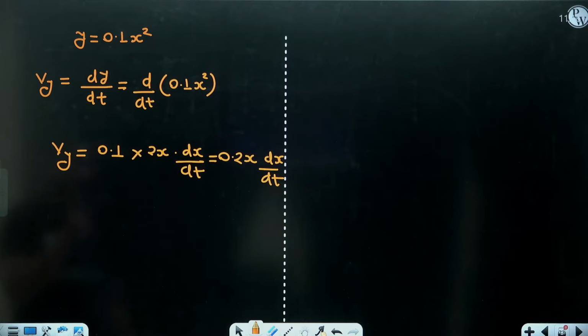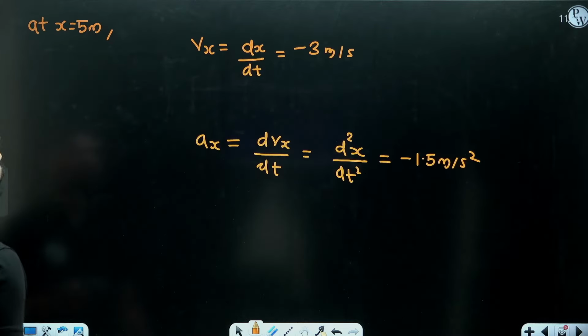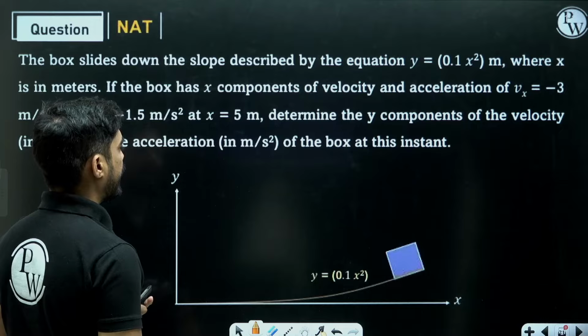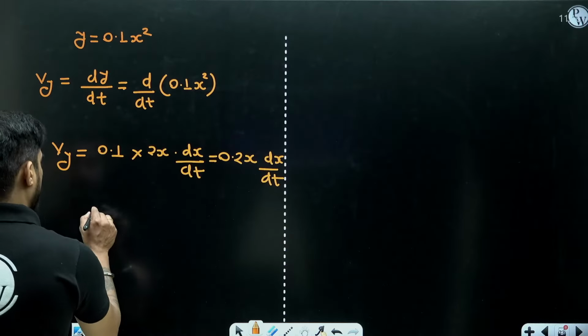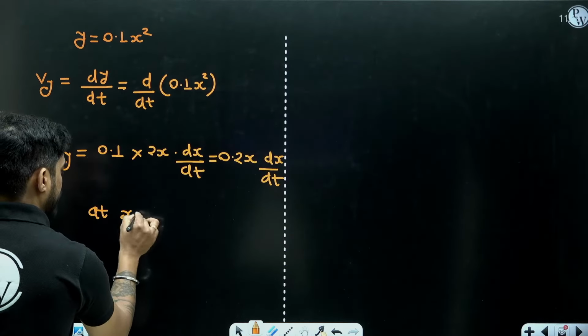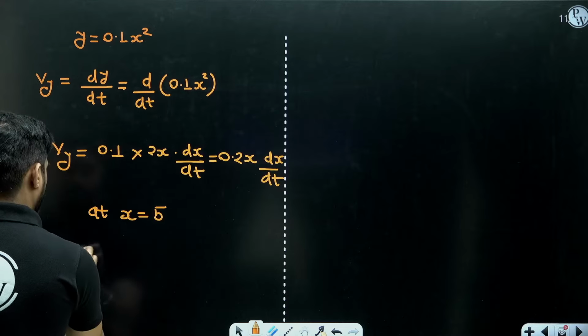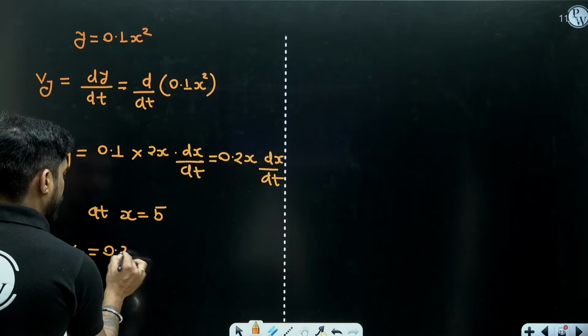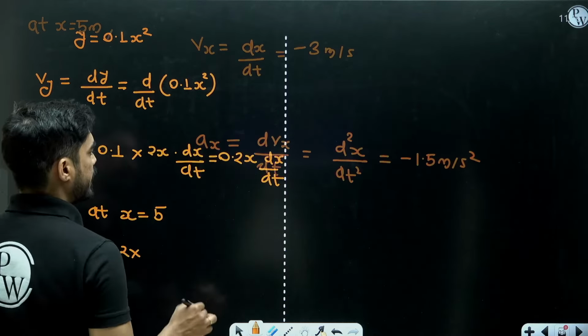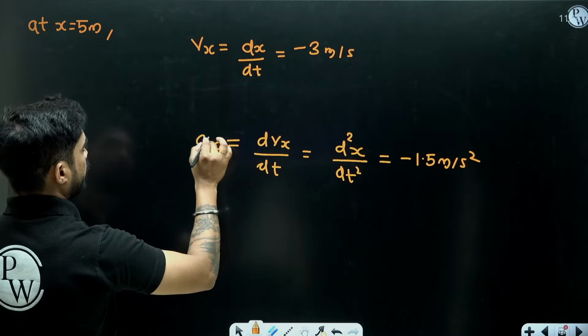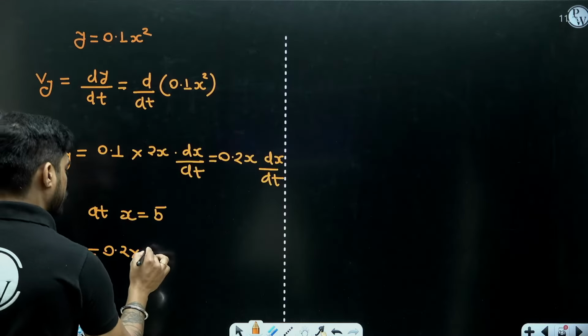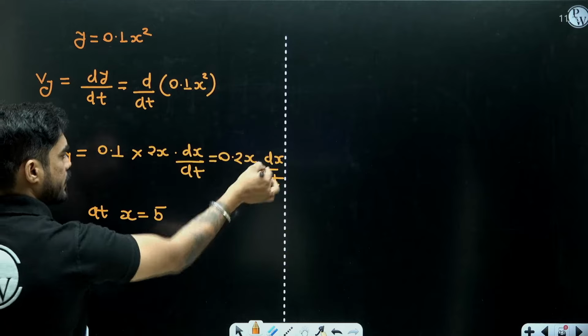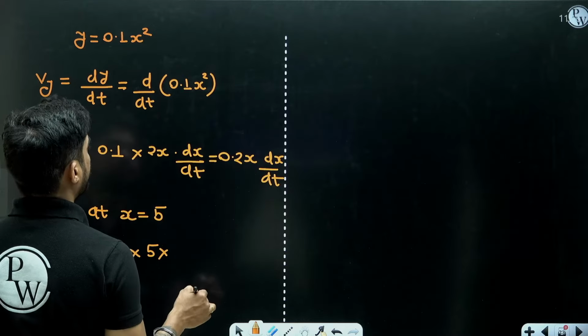Now we need to find Vy at x equals to 5, right? So at x equals to 5, Vy will be 0.2 into what is x? x is 5 meter. And what is dx by dt at x equals to 5?